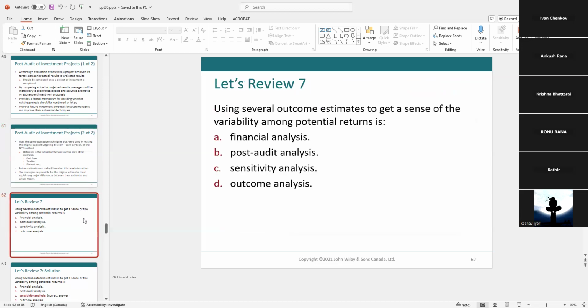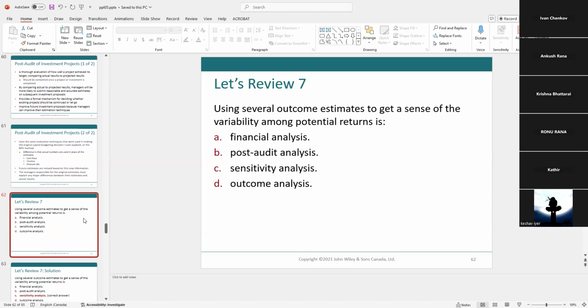So let's see this question. Using several outcome estimates to get a sense of the variability among potential returns, what kind of analysis is that?